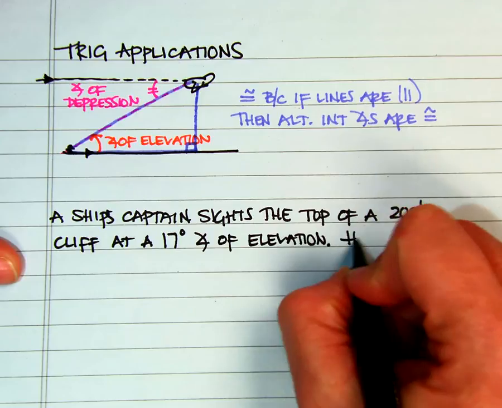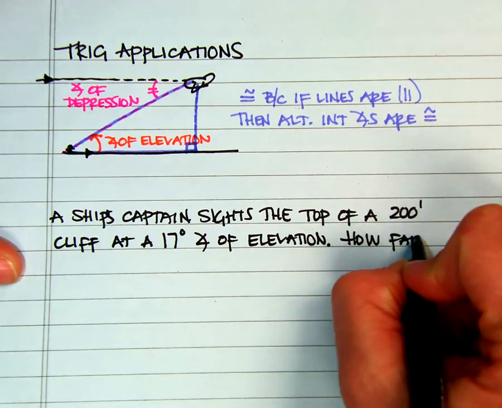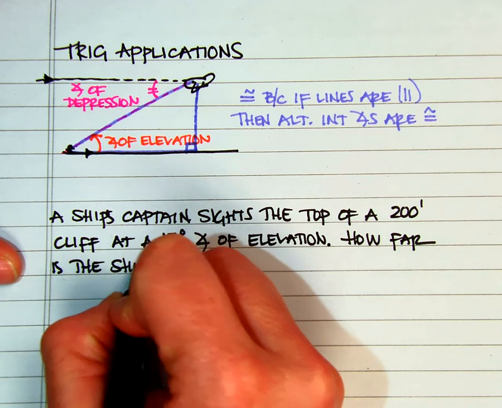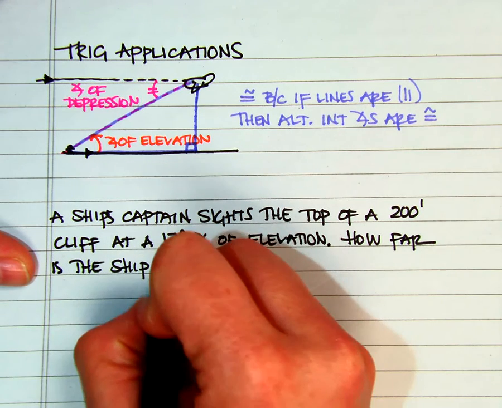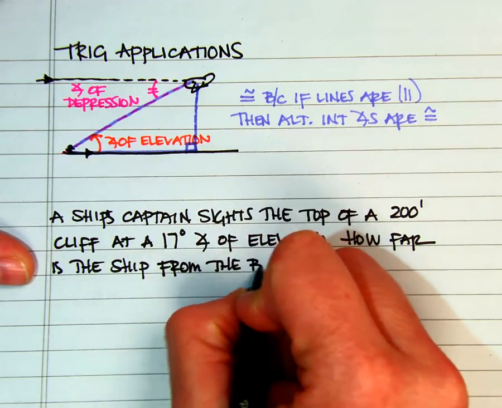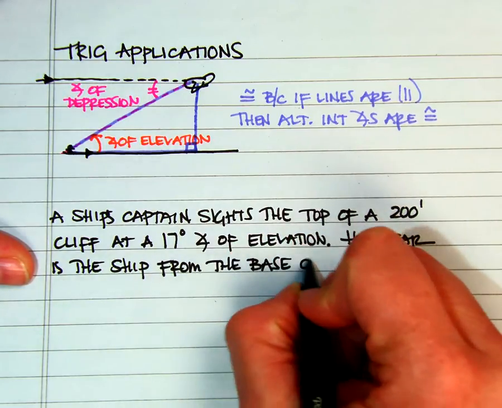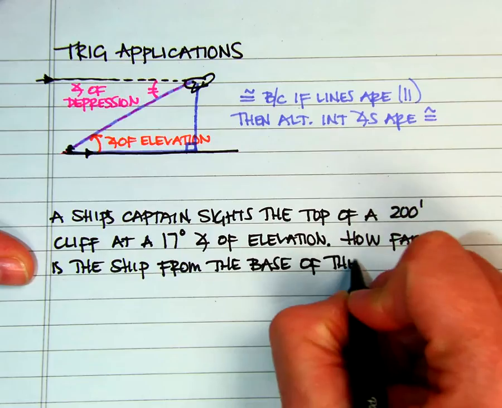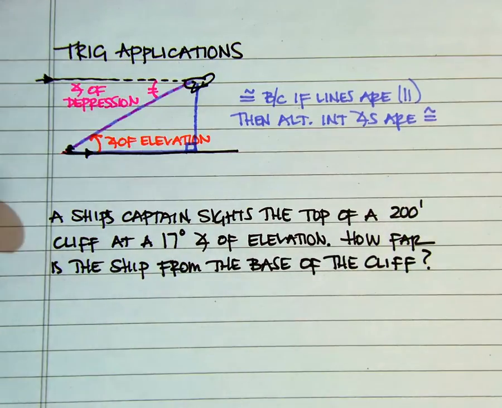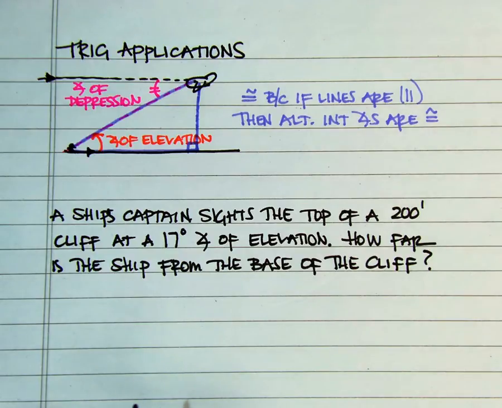How far is the ship from the base of the cliff? So if you need to pause this to continue writing the problem, please do so. So a ship's captain sights the top of a 200-foot cliff at a 17-degree angle of elevation. How far is the ship from the base of the cliff?